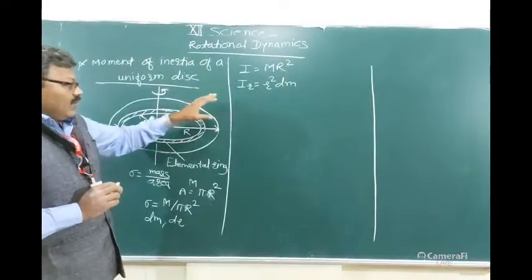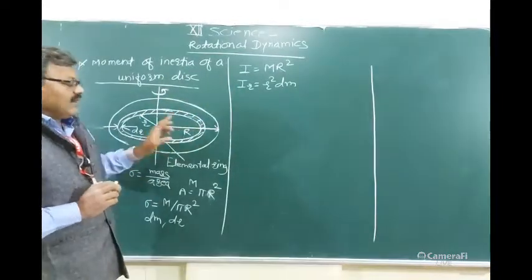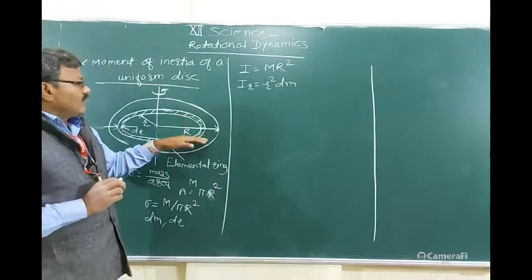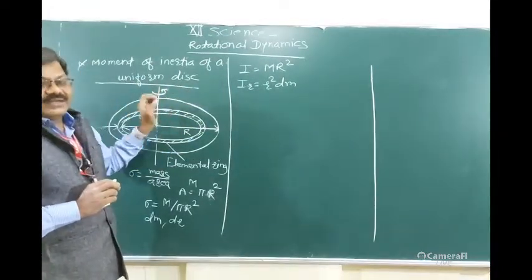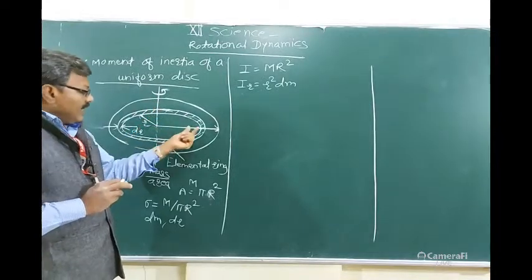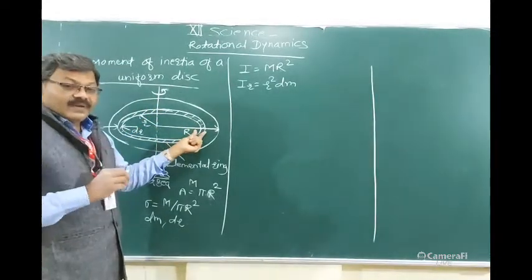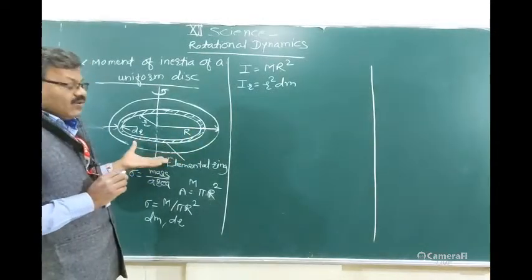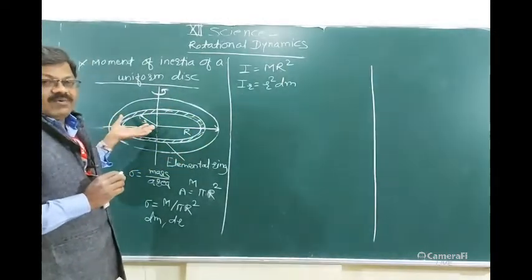Now, from this small element, we can find the moment of inertia of the total body. The total body is a uniform disk, so by integrating the moment of inertia of the small element, we obtain the moment of inertia of the total body.